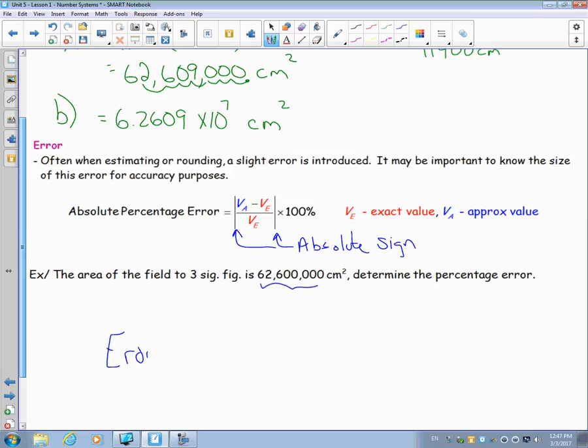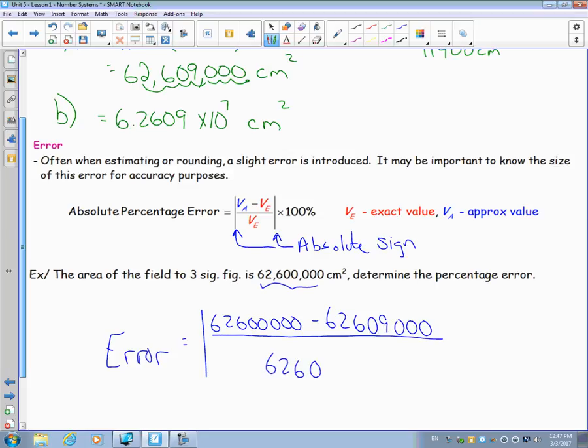Our error will be the absolute value of our approximate value, that's our rounded answer, 62,600,000, minus the actual answer, we know it's 62,609,000, divided by what the actual answer was, 62,609,000, and then we're going to turn that into a percent afterwards, just so it's easier to discuss.